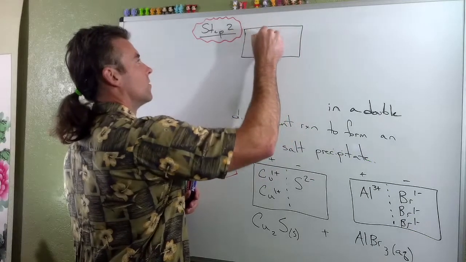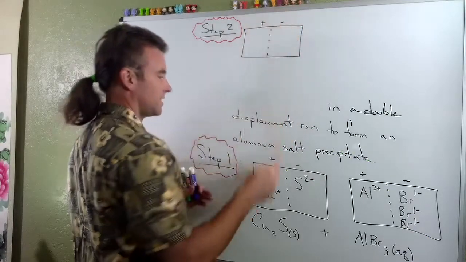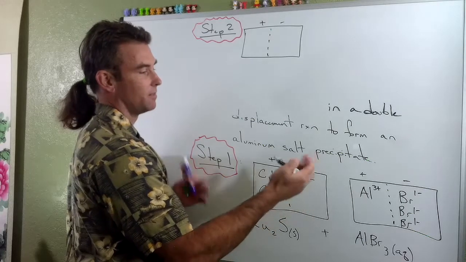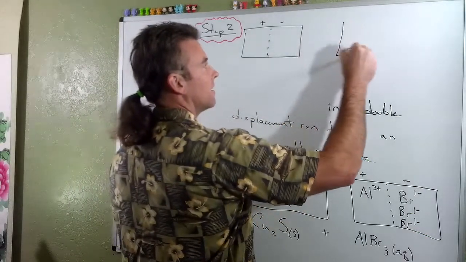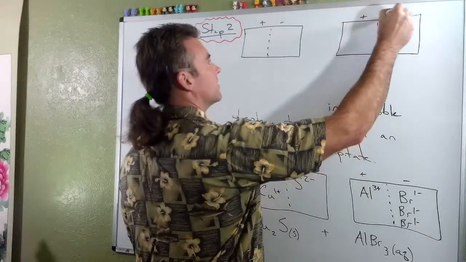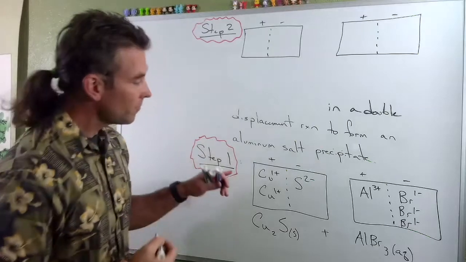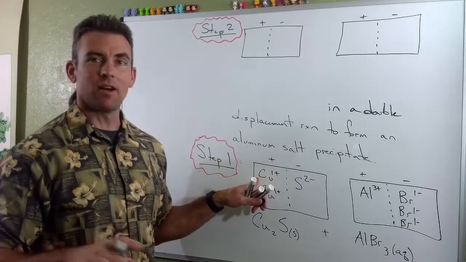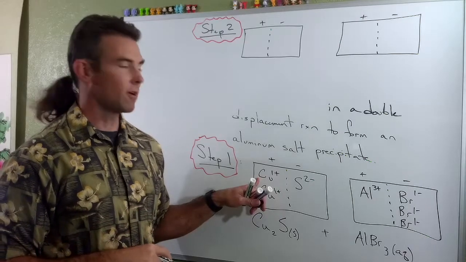This is also an advantage of showing exactly what's present here in terms of cations and anions, because it helps me to fill out my boxes properly, or to get to the correct formulas. So I know that I started with a copper 1 plus, as long as there's no other scary stuff going on.